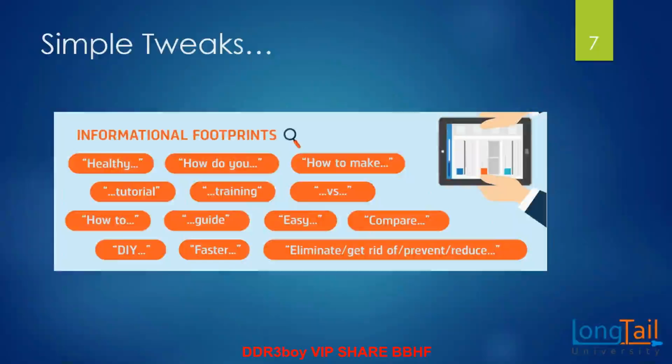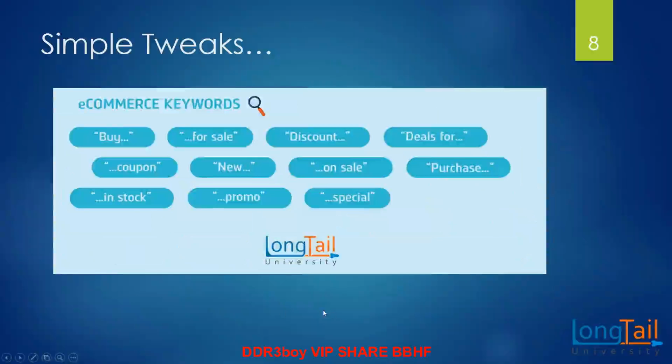Okay, so let's go ahead and jump into our final keyword modifier cheat sheet, and this is for e-commerce keywords. And again, I think these examples are very, very important. I'm going through a few very quickly, but if you get the general idea, this is a tactic that you can tap into over and over again for as long as you're creating content for your website.